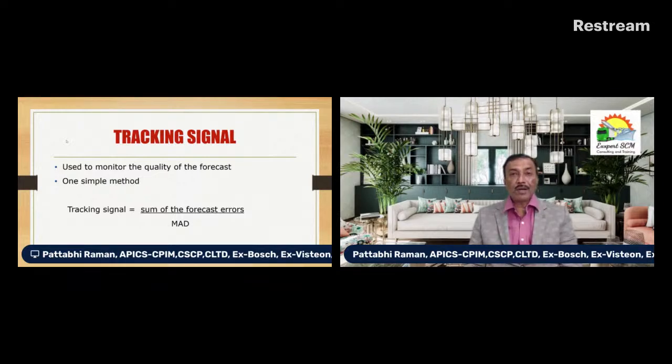Rahul Kumar says 3.75. Anyone else have an idea how much the benchmarking limit for tracking signal could be? 3.7. Okay, good. You are very close. Generally, industry uses roughly 4, but you can always tighten up.